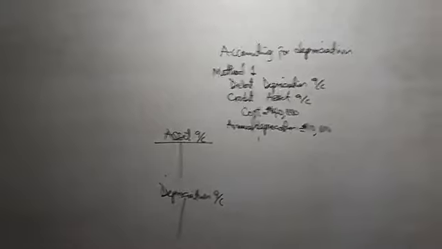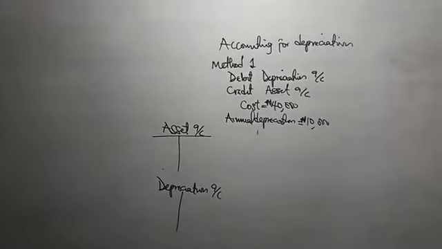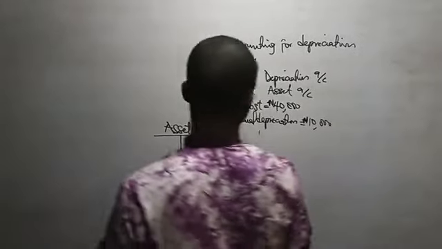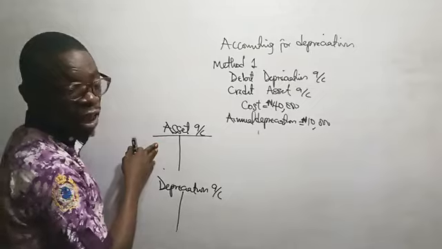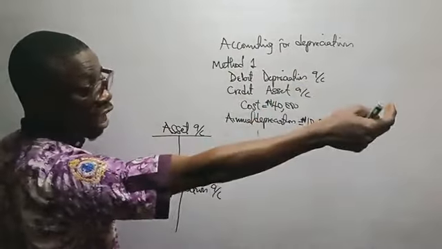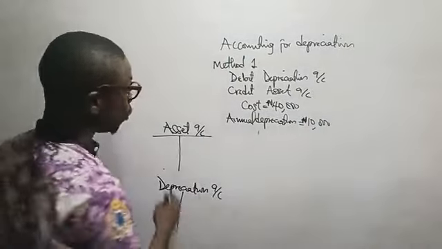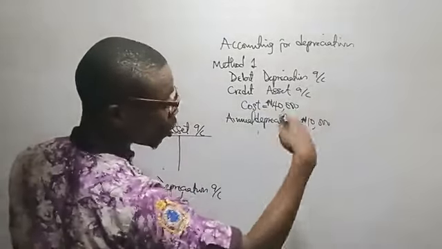Now this is how you record it. Normally when you purchase an asset, you debit the asset account, and you credit cash. This does not affect cash here, we are not treating cash.